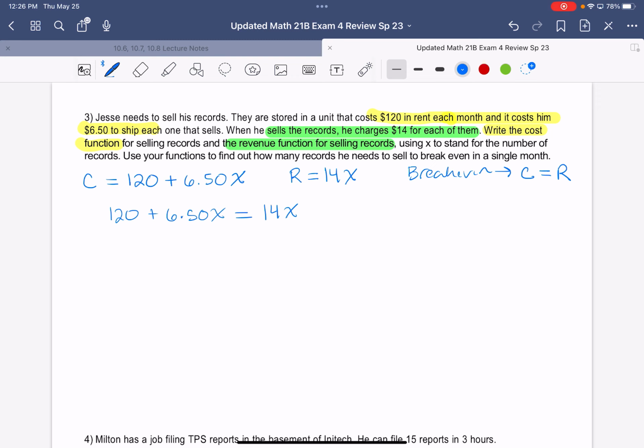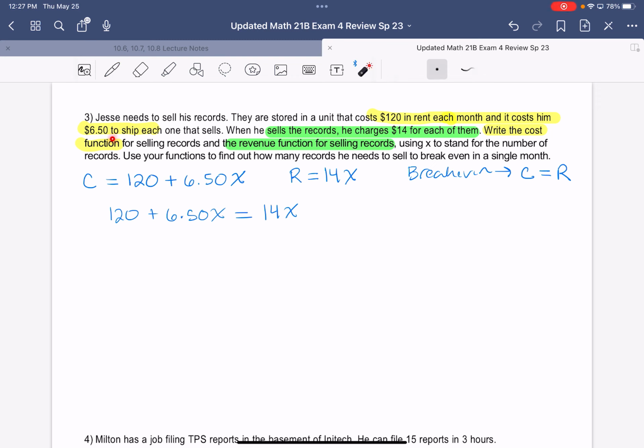Yes. Why can't 120 be X? So we're only doing this for a single month, and so we know for a single month it's $120 flat, right? It's not $120 maybe plus some fees, or depending on how many hours you're there. There's nothing else. It's just $120 flat versus the 6.50.